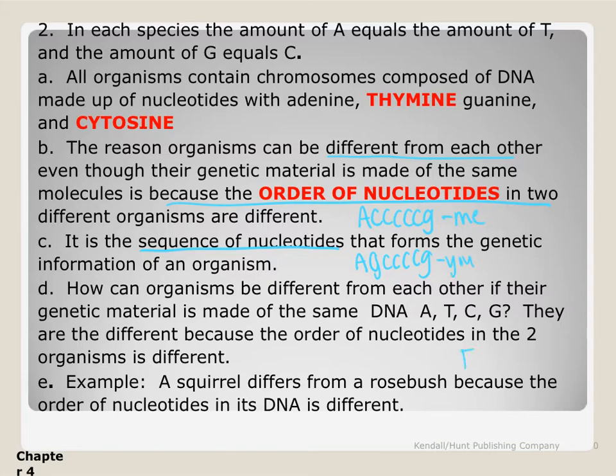A frog might be A, G, A, C, C, C, G. Okay, so they might have more differences. But anyway, we are different because even though we're made of the same things, they're all put in a different order. Okay, so this is how a squirrel is different from a rose bush, because the order of the nucleotides is different. And so this would be the order of the nucleotides, okay, or your order of nitrogen bases.